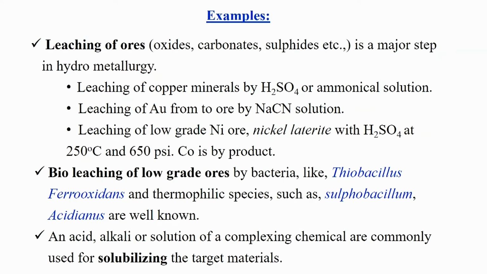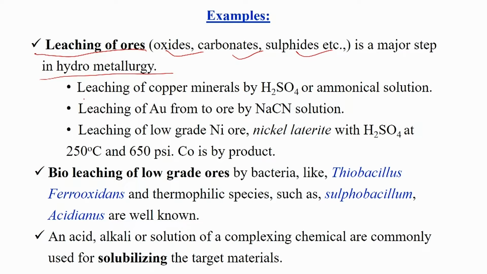Again, we are discussing a few examples, not in detail, but we will discuss the overall single stage process and the multiple stages in the next few slides. Suppose the leaching of ores, that is oxides, carbonates, sulfides, etc., is a major step in hydrometallurgy.